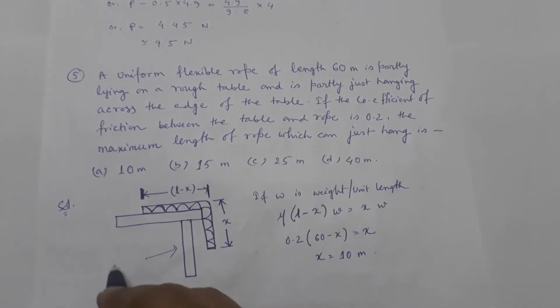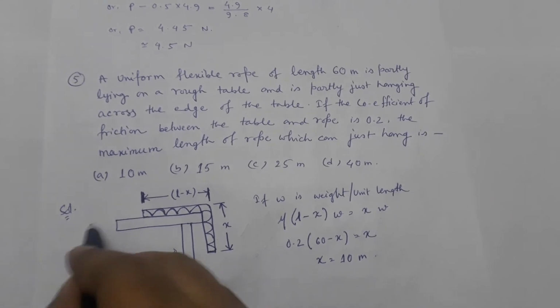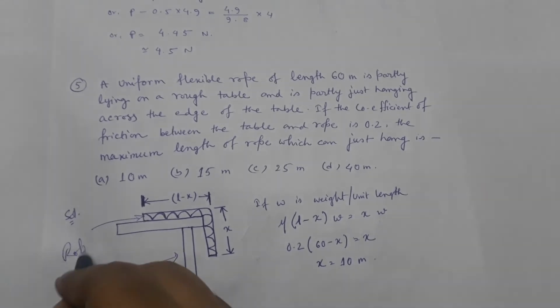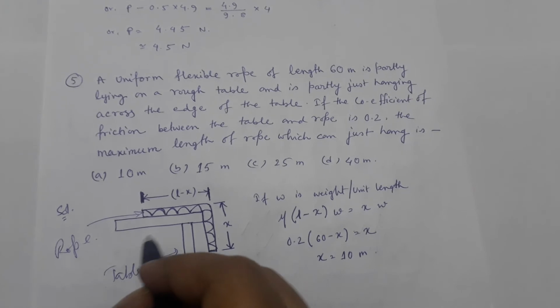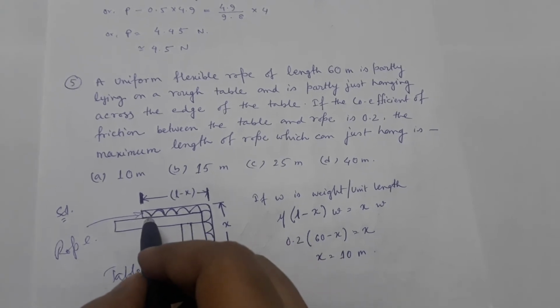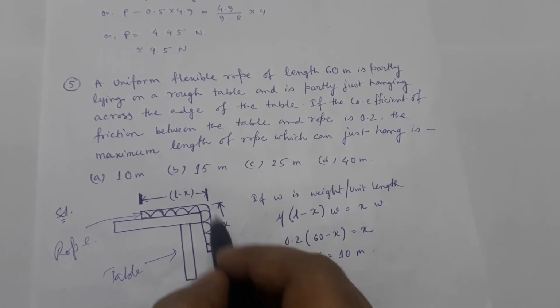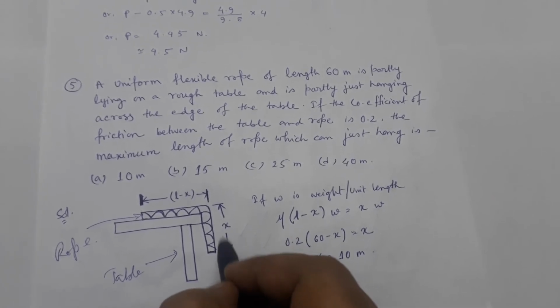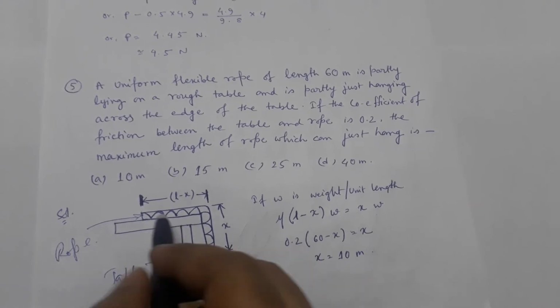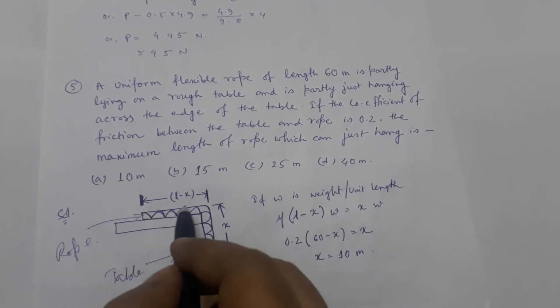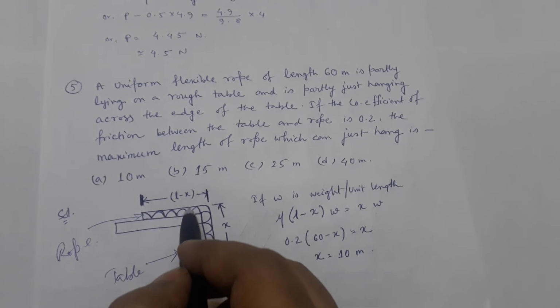This is the table and this is the rope. Let's assume the length of the hanging portion of the rope is x, and the length of the portion on the table is L minus x.